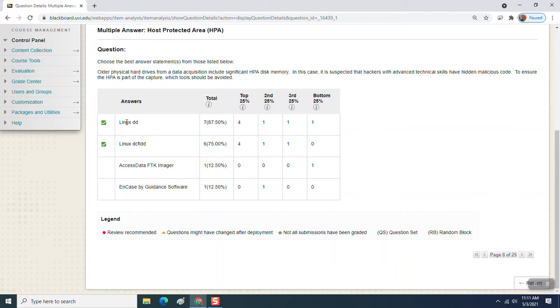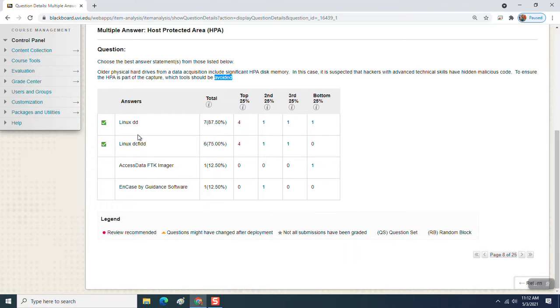This one might be a valid answer. I'll take another look at it. But Linux DCFLDD, basically I think when it comes to HPA disk memory, both AccessData FTK Imager and Encase are appropriate tools. So selecting these would not be, the question asks which tools should be avoided. So these are two good tools to use.